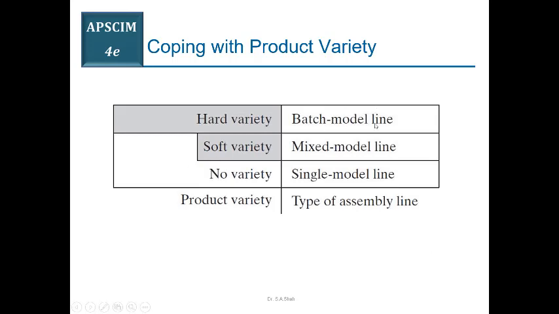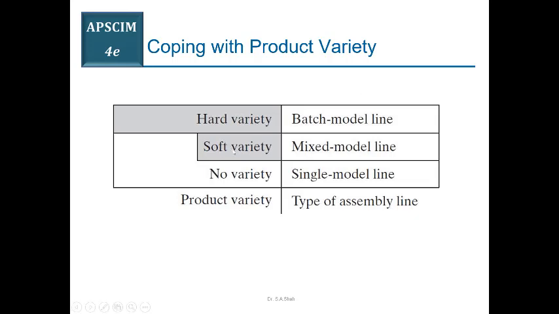बैच मॉडल लाइन की जब आप बात करते हैं या मिक्स मॉडल लाइन की आप बात करते हैं तो इफ यू हैव हार्ड वेरिएशन इन प्रोडक्ट वैरायटी, सो दे आर असेंबल्ड इन बैच मॉडल लाइन सीक्वेंशियली होगी, because in hard variation the type of operations are totally different from one batch to another batch.